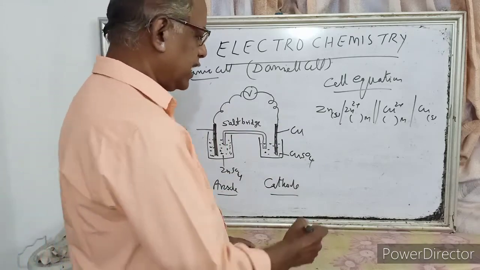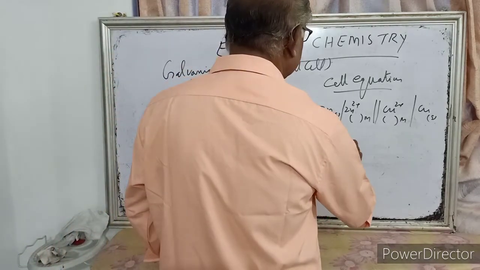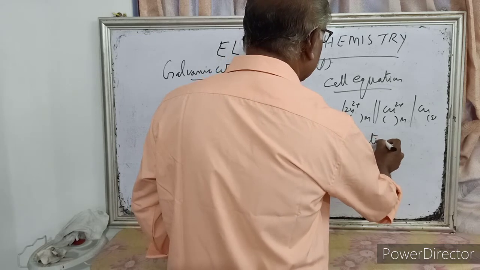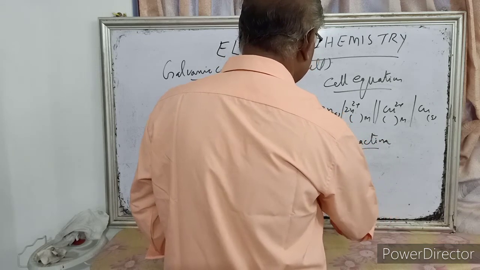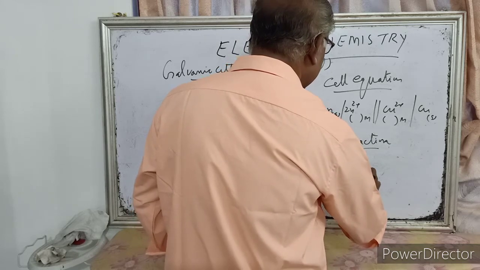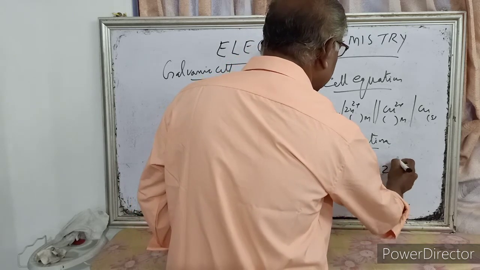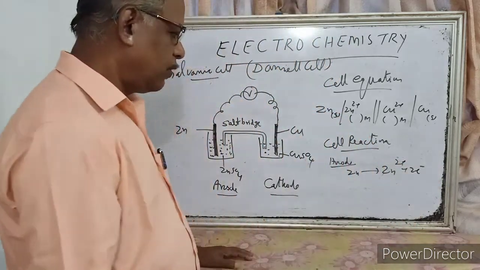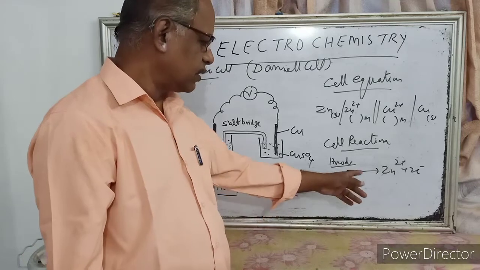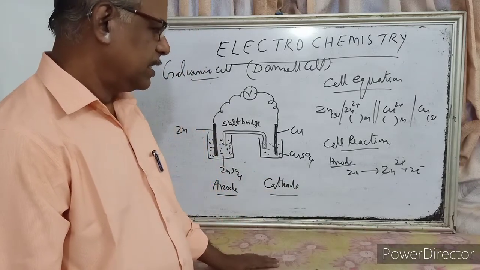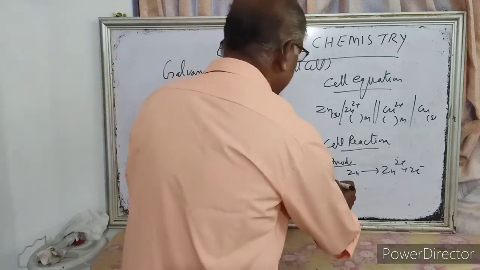Then coming to cell reaction. In the anode, Zn gives Zn2+ plus 2 electrons. In the anode, zinc undergoes oxidation. Zinc oxidizes to form zinc ion plus 2 electrons. That is the anode reaction.